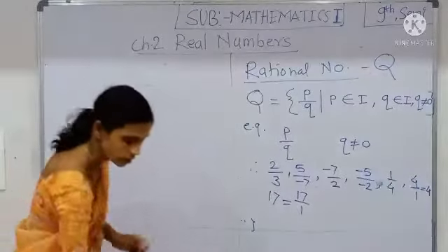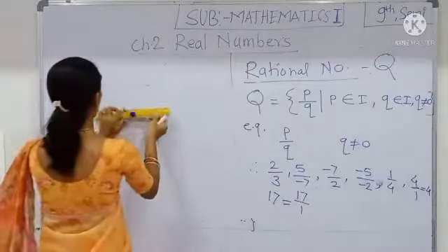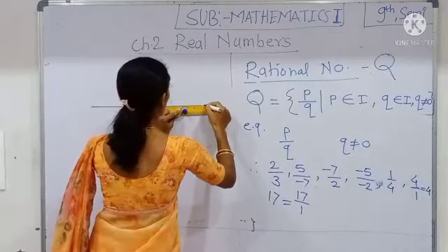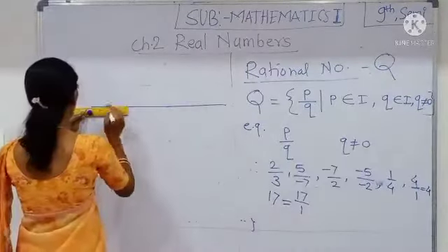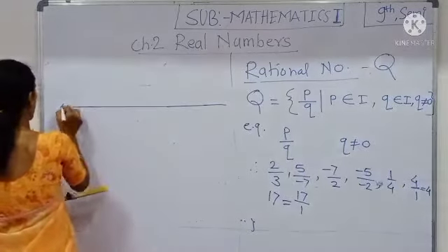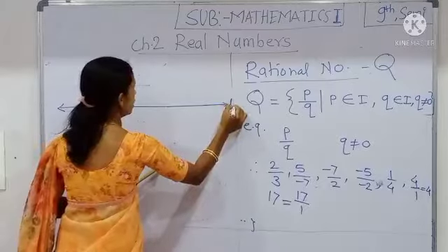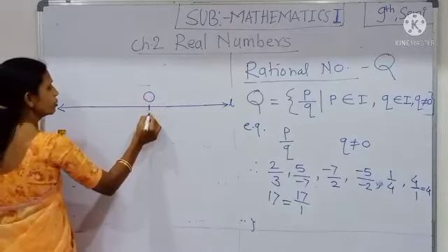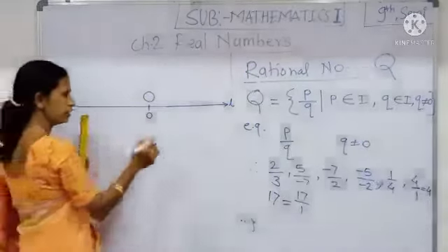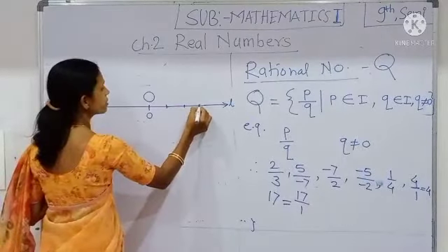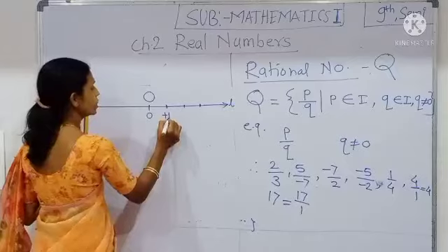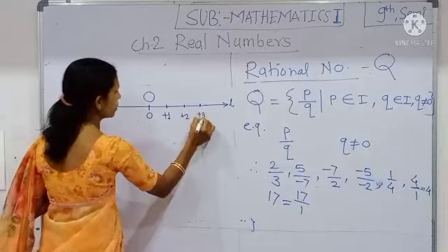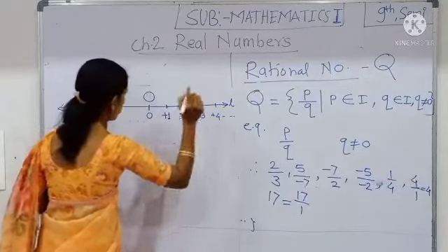See here, the number line, on which all positive numbers as well as negative numbers can be shown. That is, L or N is a number line. Here point O is related to the coordinate 0, and at equal distances we can take positive integers on the right hand side of 0, that is plus 1, plus 2, plus 3, plus 4 and so on.